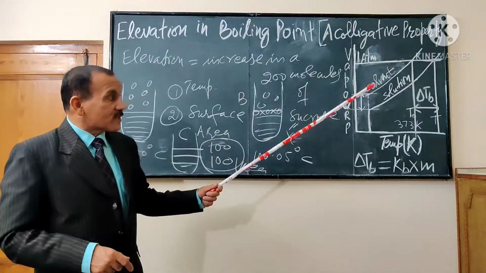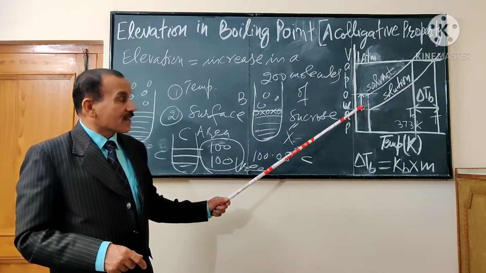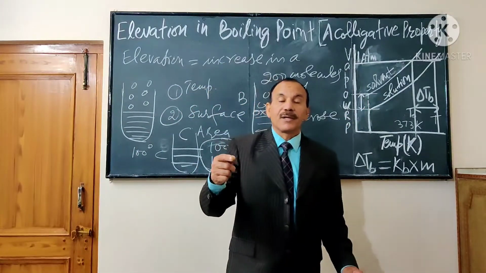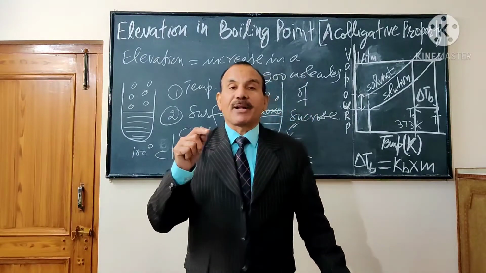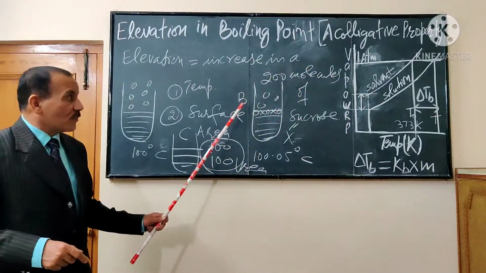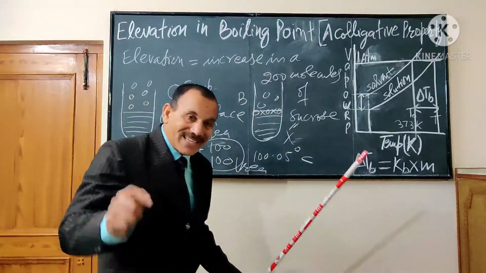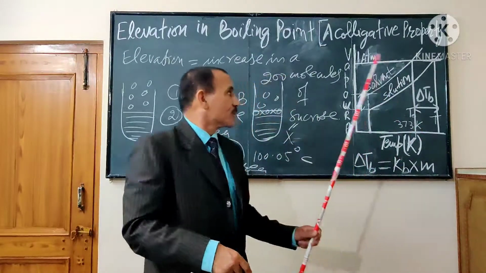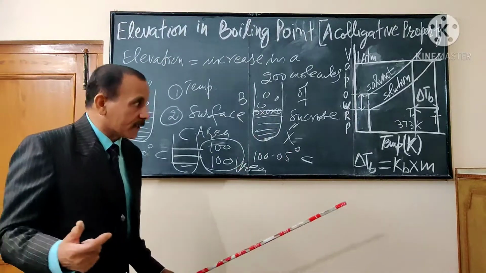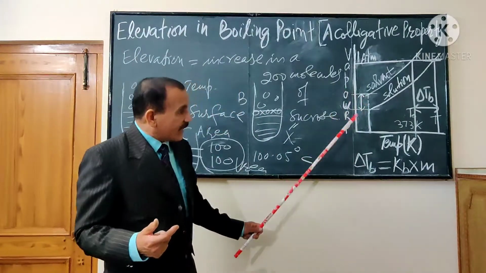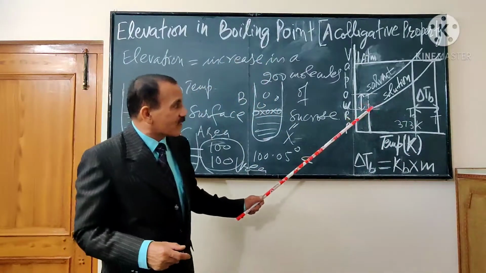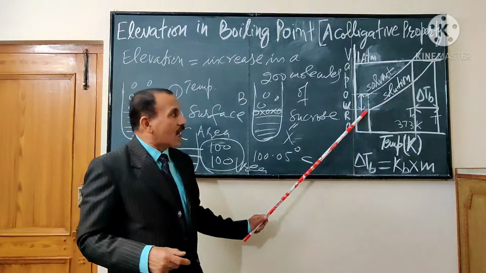But in case of solution, the escaping tendency of solvent molecules decreases, or chemical potential decreases. At any given temperature, the vapor pressure of any solution is less as compared to the pure solvent. You see here pure water, and this is a solution of sucrose in water. In case of increasing the temperature of solution, its vapor pressure, this curve in case of solution, also increases.